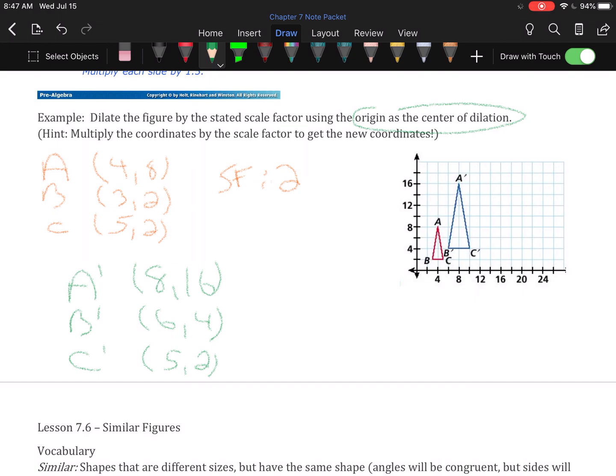If, for example, and I'm only going to talk this one through, I said do this but use A as the center of dilation, then A would stay the same, and then we'd have to do some very unique counting to find B and C.